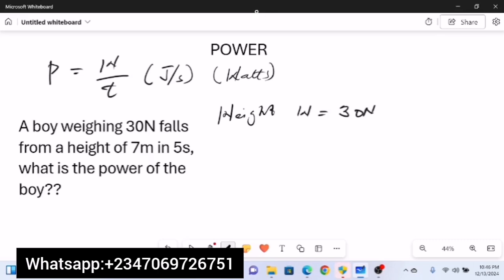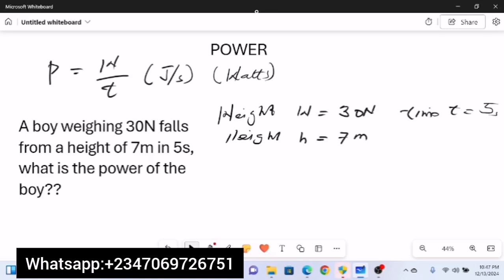Now, he falls from a height of 7 meters, so you're given height h, which is 7 meters, and then you were given time t as 5 seconds.